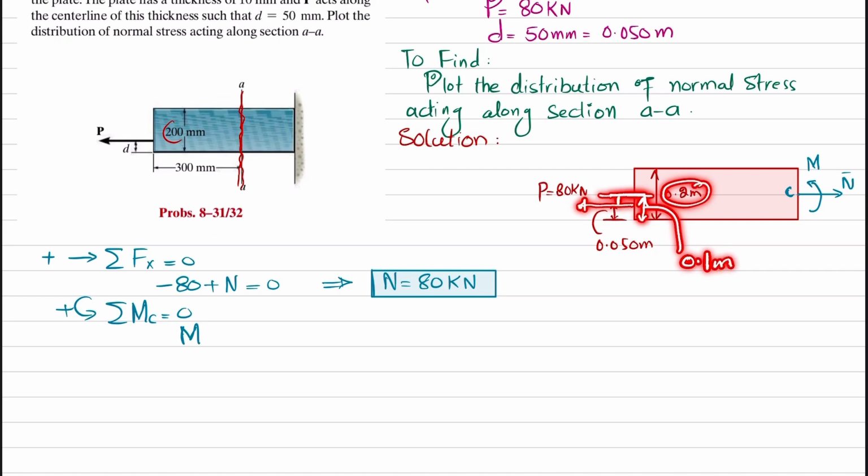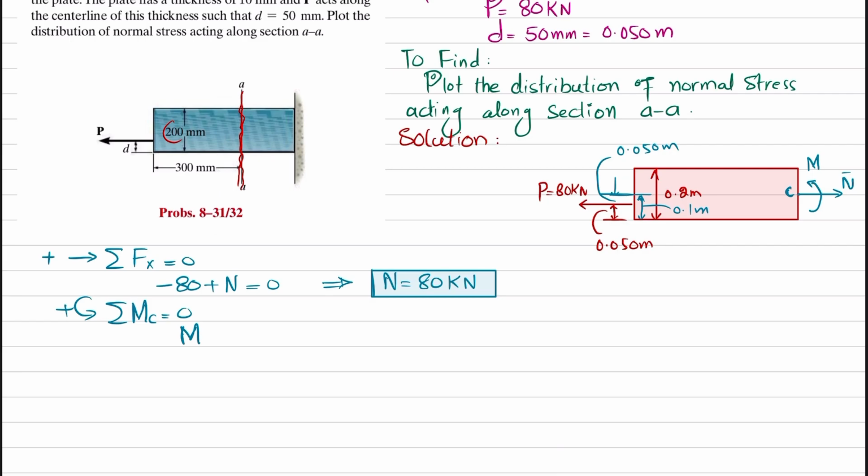So this distance will be 0.1 meter minus 0.050, which is equal to 0.050. Let me write it. The distance from this till this is 0.1 meter, and the distance is 50 millimeter. So this distance will also be equal to 0.050 meter.